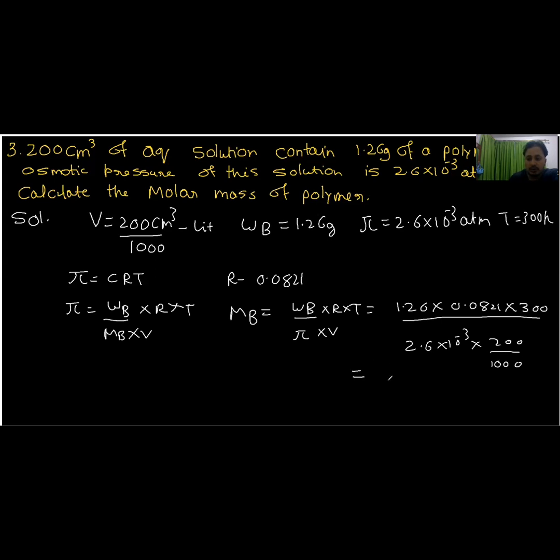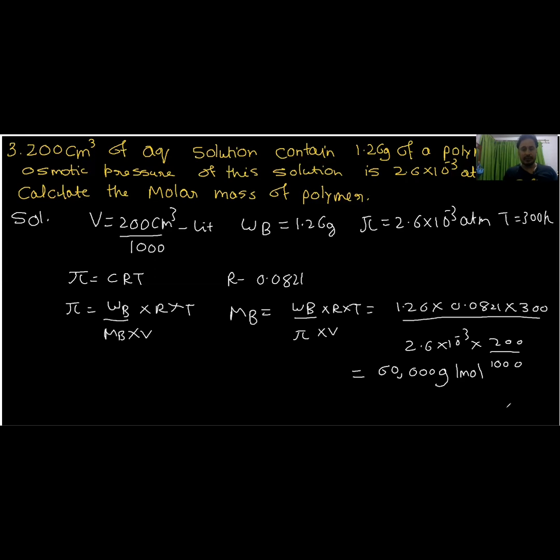So overall, when you solve this problem, the answer will be around 60,000 gram per mole, which is the mass of the polymer. Polymers usually have higher masses. So this is a question based on osmotic pressure.